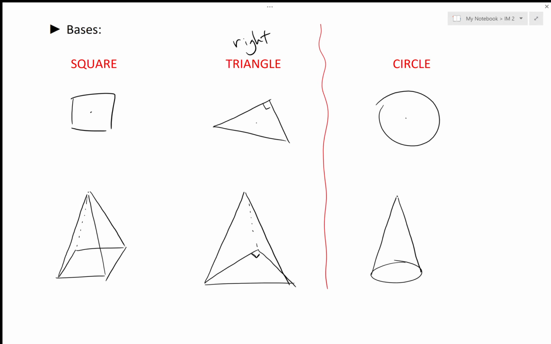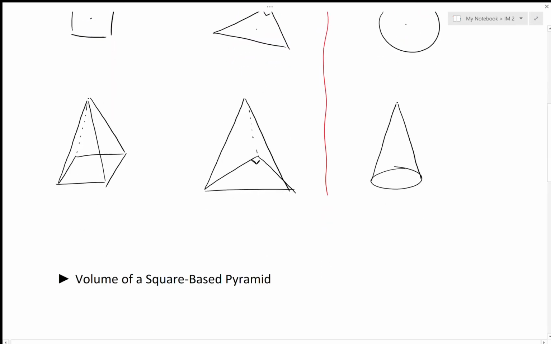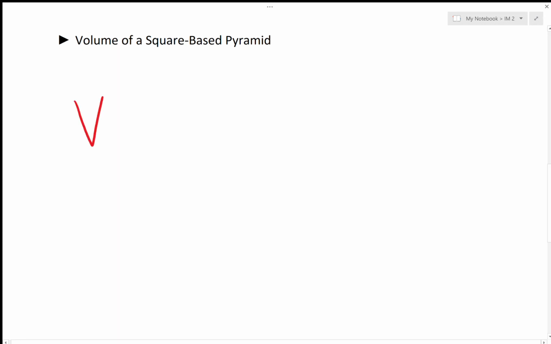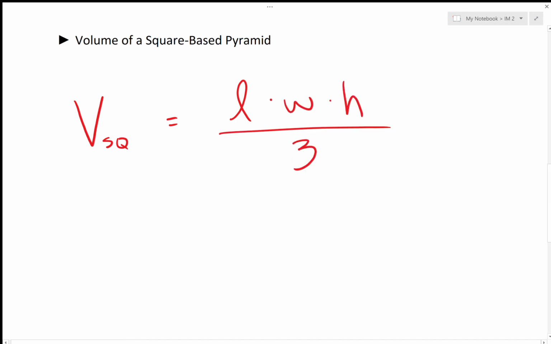Let's look at the specific formulas for all these volume shapes. First, the volume of a square-based pyramid. I'm going to write it like this. The volume of the square-based pyramid is, and you'll see properties from the area in these equations, length times width times height, but then the whole thing divided by 3.